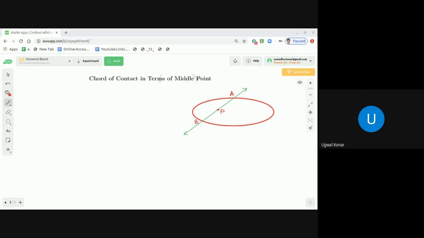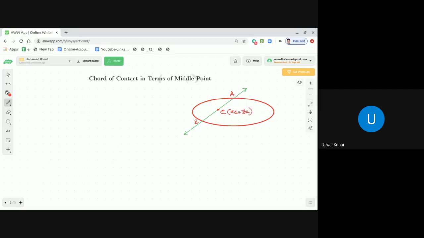Let's not consider it is a P. P is something different; generally we consider P a point external to the ellipse. So let's take this point, suppose, C. Its coordinate is (x1, y1).